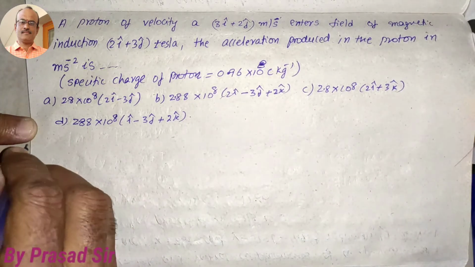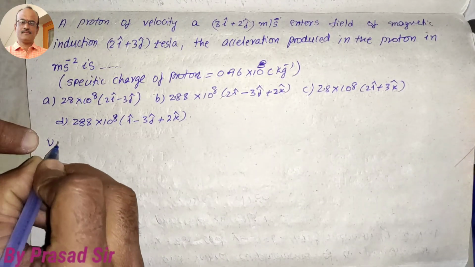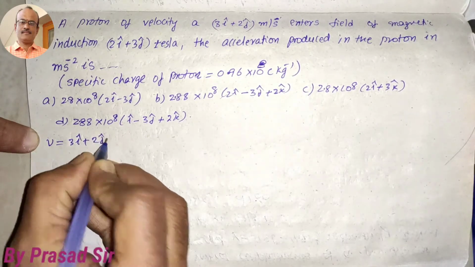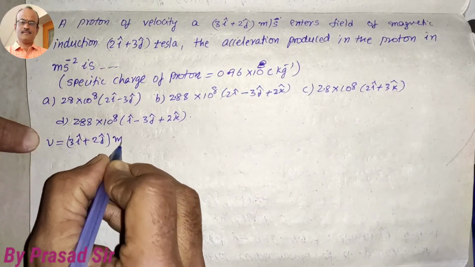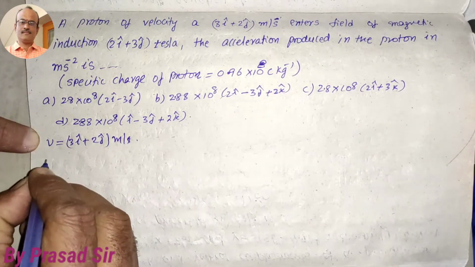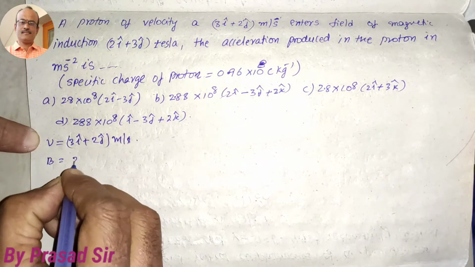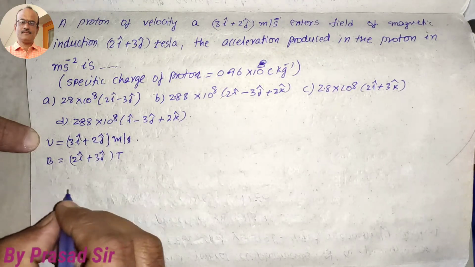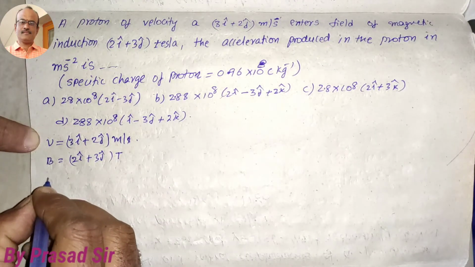So first of all, what are the given here? Velocity v is equal to 3 i cap plus 2 j cap meters per second, and also the magnetic field is given, that is 2 i cap plus 3 j cap Tesla, and specific charge is given.